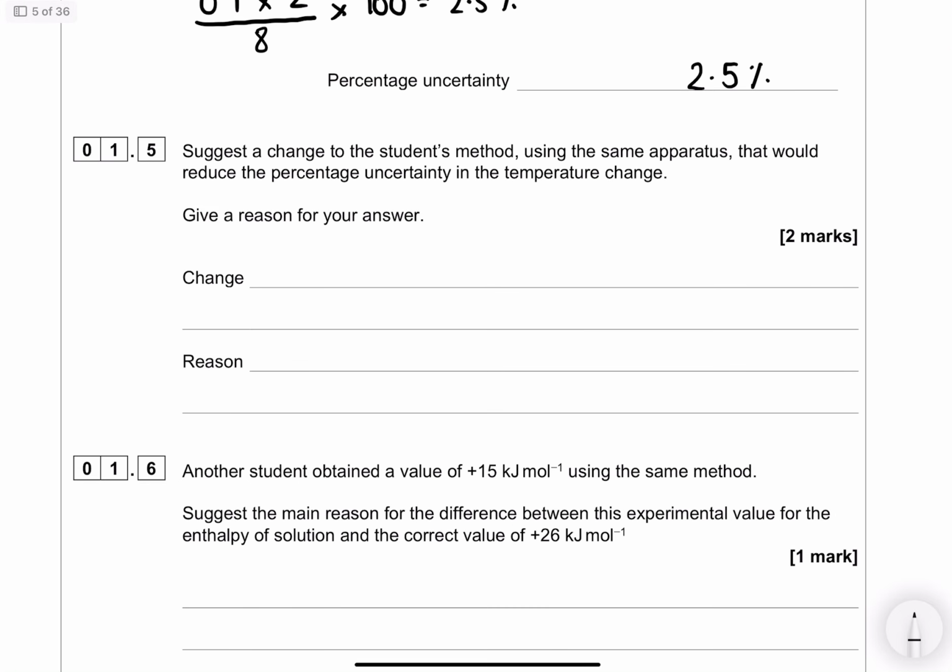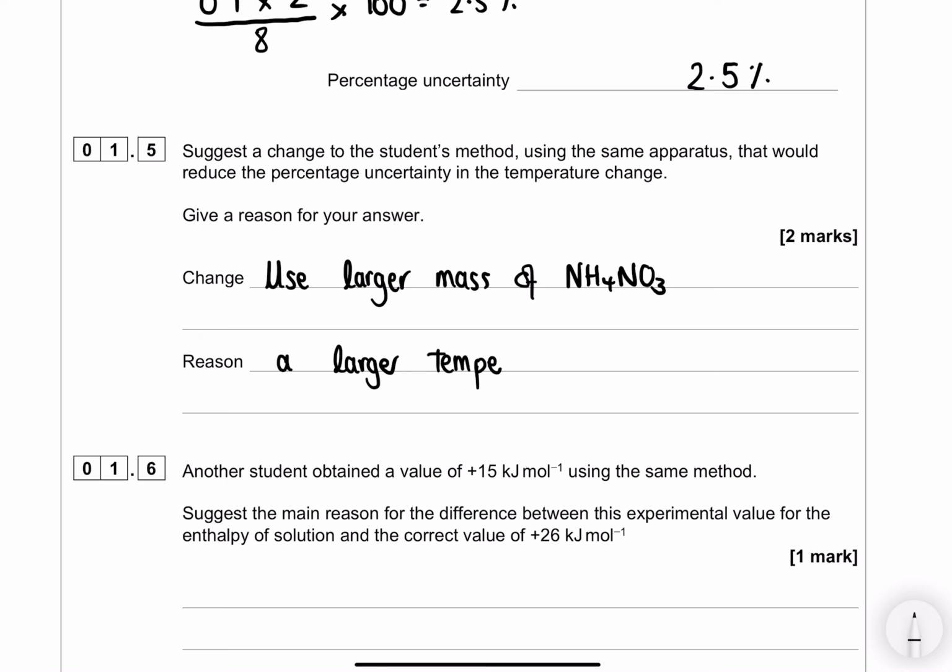So in this case, it was a mass of ammonium nitrate. By using a larger mass, we will get a larger temperature change. And as a result, the percentage uncertainty will decrease.